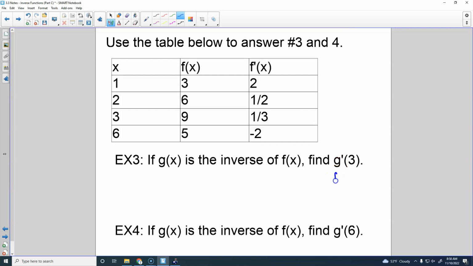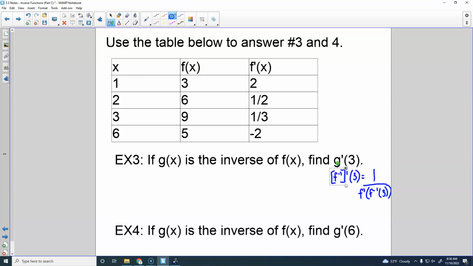So what they're really asking for is f inverse prime of 3, which means we will be doing 1 over f prime of f inverse of 3. Or if you would rather, you can use the G notation for your f inverse as well.